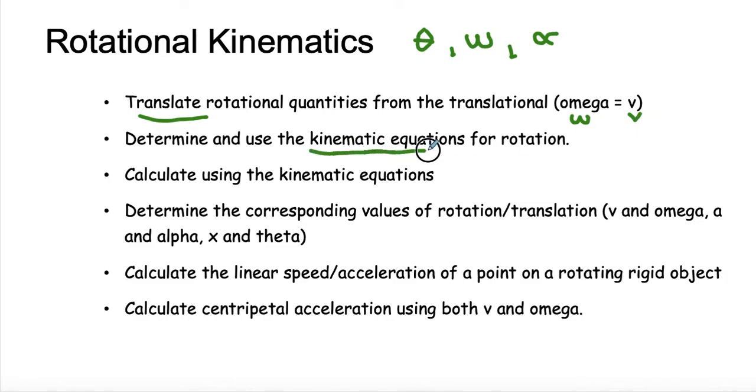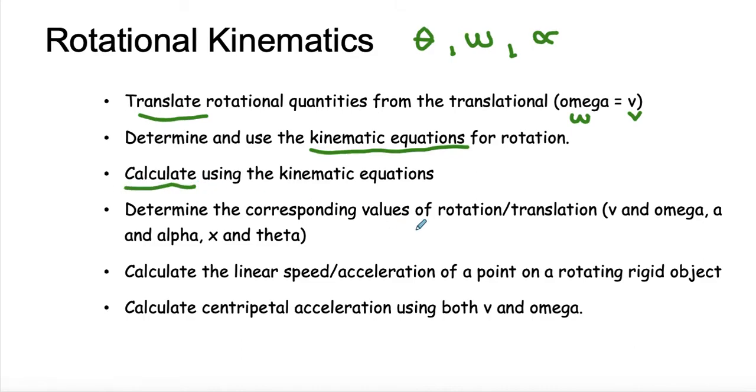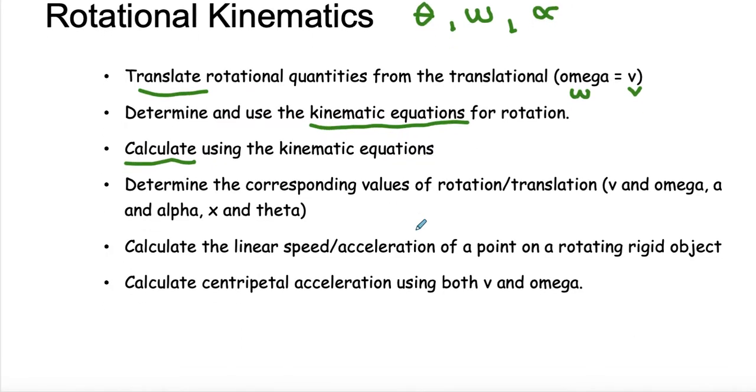There's a set of kinematic equations for rotations where you have the thetas, the omegas, and the alphas instead of the x, v, and a's. You have to be able to calculate using those kinematic equations, just like if it was one-dimensional motion. You need to be able to determine the corresponding values.